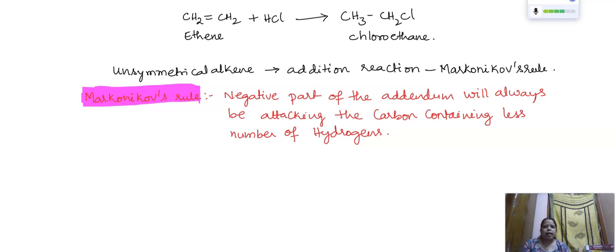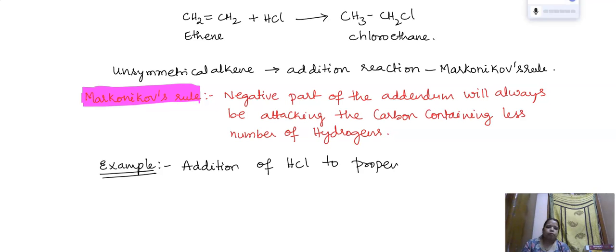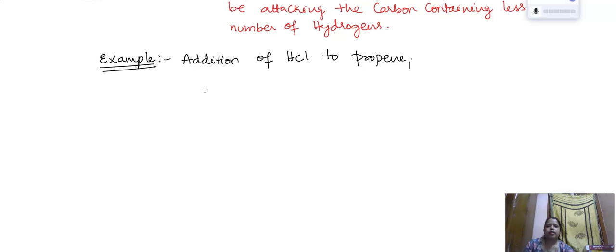Okay, so first let's take the example. We can take the simple unsymmetrical alkene propene. Let's take addition of HCl to propene as our example. Propene is CH3CH=CH2.